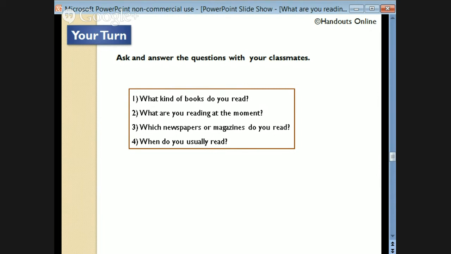If you have the magazine in your hand and you are reading it, you say, I am reading. I am reading Cosmopolitan.